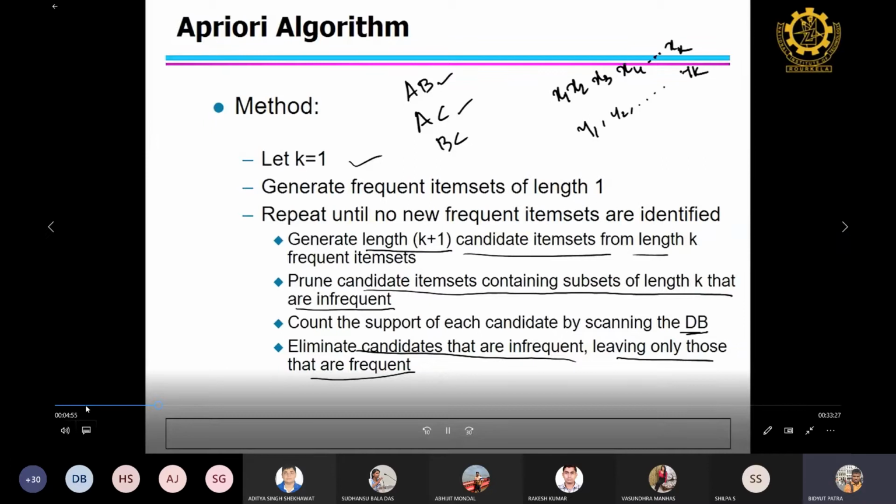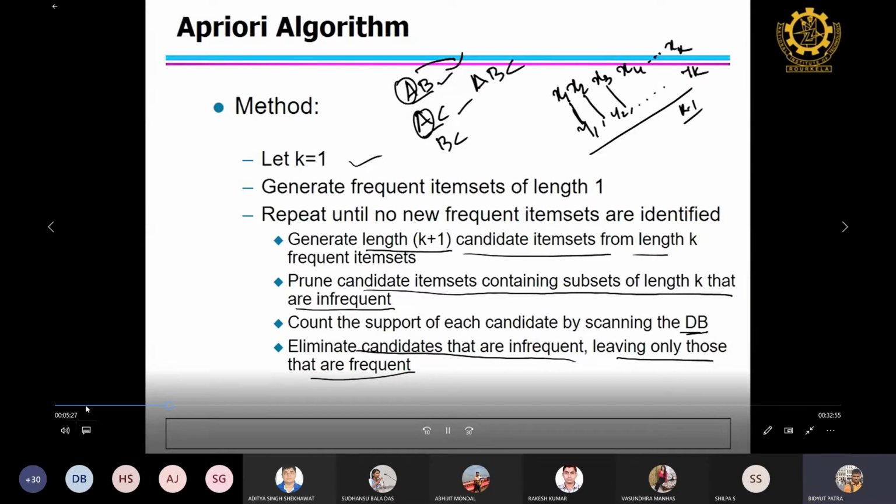According to this algorithm, it is possible if x1 and y1 are the same, x2 and y2 the same, x3 and y3 the same, up to k minus 1 must be identical. In this example, AB and AC, k equals 2, so k minus 1 is 1. So A and A must be the same. Then it will form ABC.